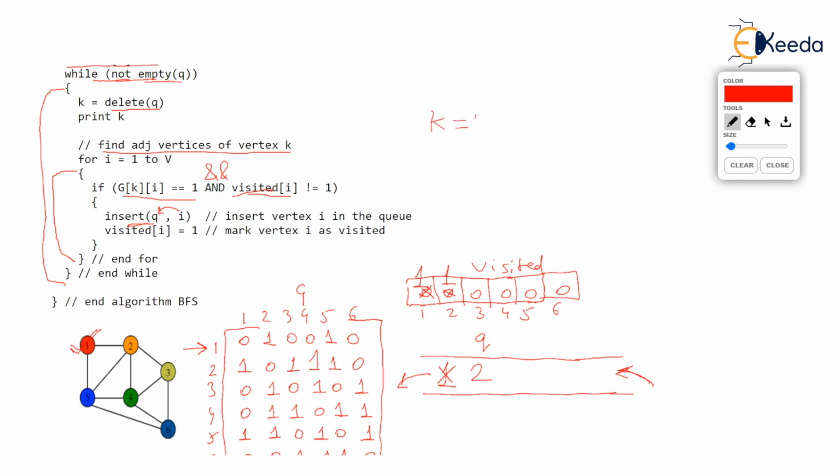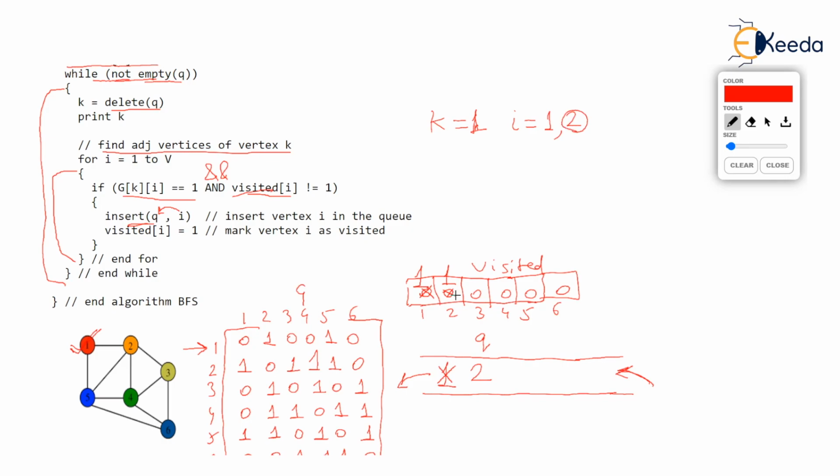And what was I? I was 1, but nothing happened when I is 1, because the 1,1 entry in the matrix is 0. But when I is 2, the 1,2 entry, first row, second column, is definitely 1, and the second vertex was not visited. So 2 got inserted in the queue.